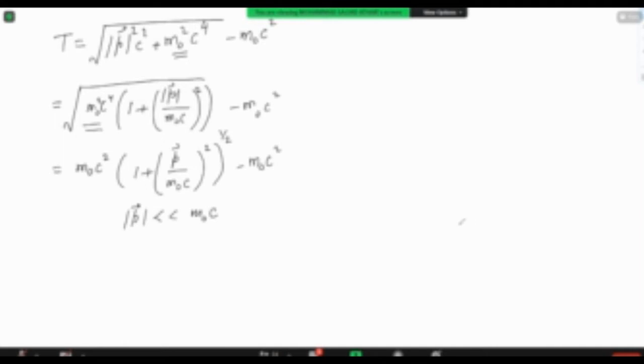If we do that, then I can expand this, and when I expand this, this will be m naught c square times the expansion. Remember, 1 plus x to the power n is 1 plus nx plus n(n minus 1) upon factorial 2 x square plus dot dot dot.